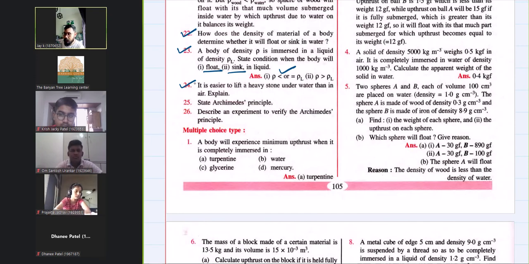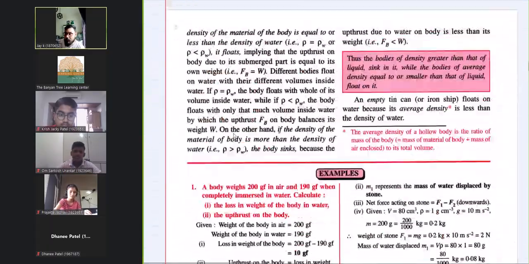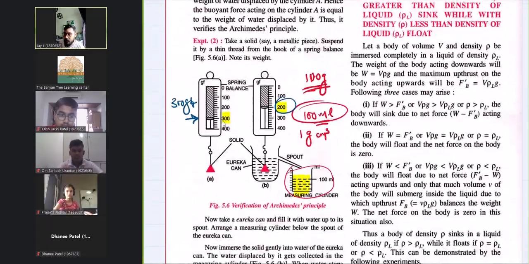Describe an experiment to verify Archimedes principle. So that experiment where we took an object and tied it with a string and attached it with a spring balance and then lowered it into a liquid, its weight decreased. The decrease in its weight was equal to the weight of the liquid displaced by it. See this one. The weight was 300 grams in air, became 200 grams in a liquid, so the weight decreased by 100 grams.